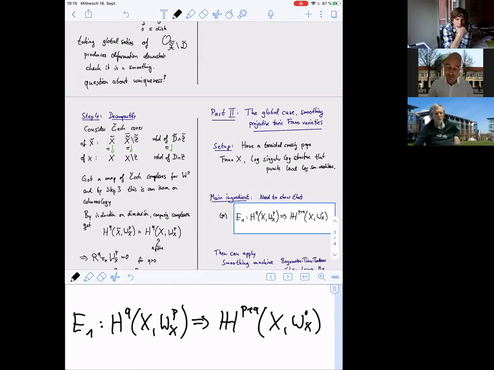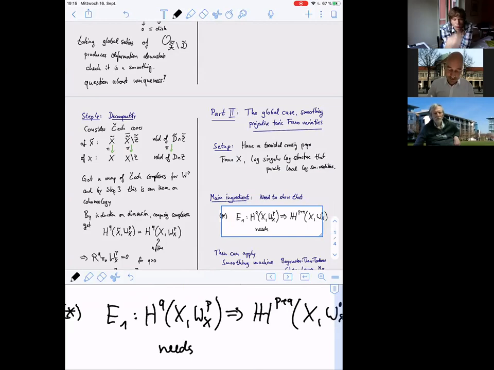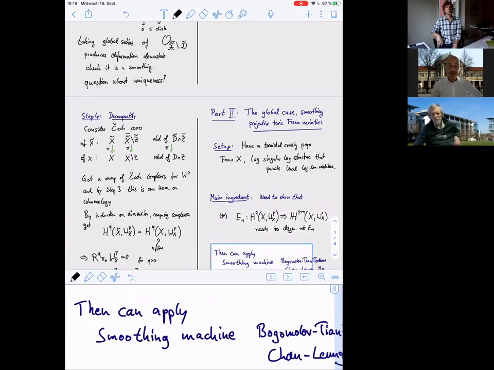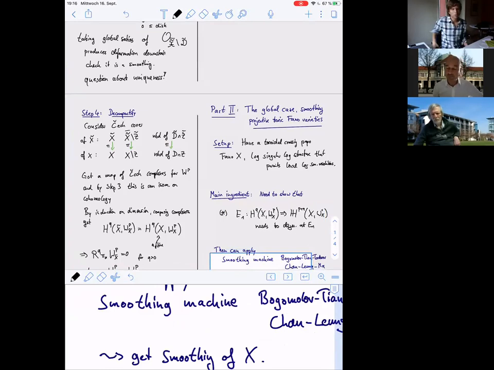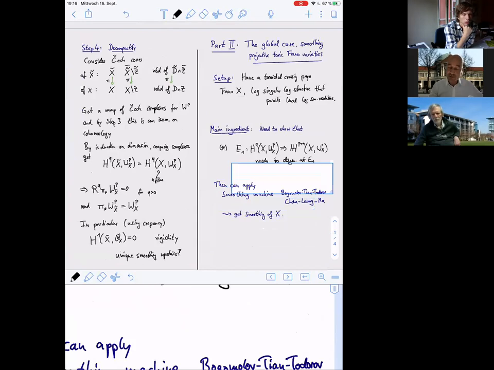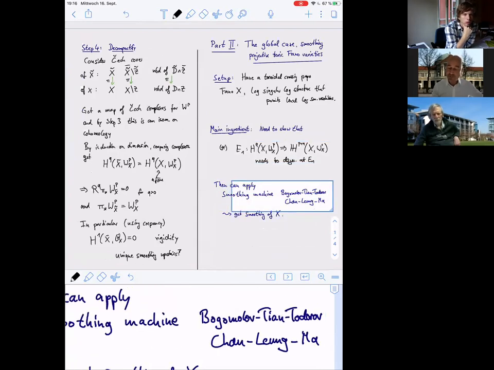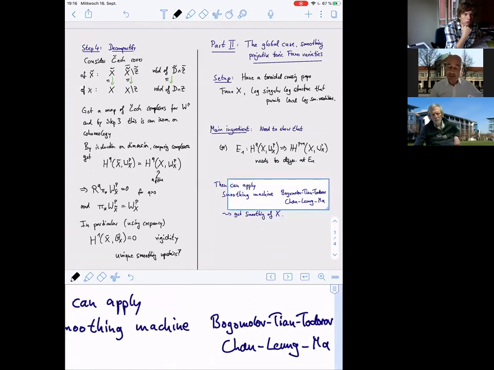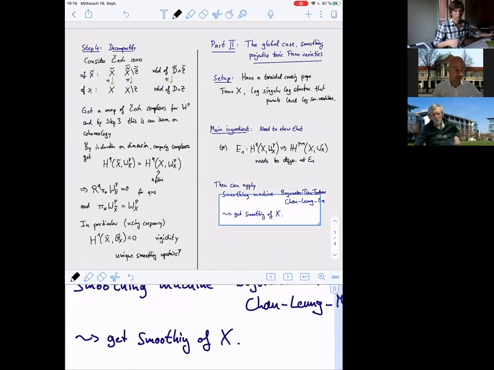So this needs to degenerate at E1. And for that to happen, we can apply a nice theorem. Once you have that degeneration, you can then apply a smoothing machine by Bogomolov-Tian-Todorov, which Chan-Leung-Ma adapted to the log setting. I mentioned it in my talk in the morning. And then you get a smoothing of X.